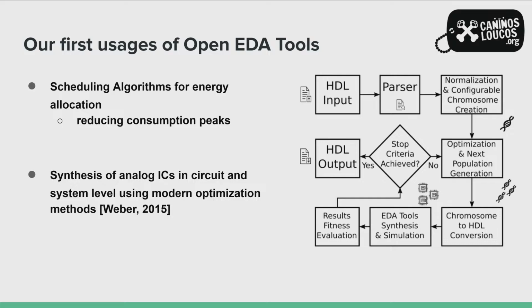At this time, we already had Cadence, Synopsys, and a lot of tools. So what this did is break our license system, because we need a lot of compute power and a lot of simulations. And at this time, we understood that NGSpice was a really great tool for that.